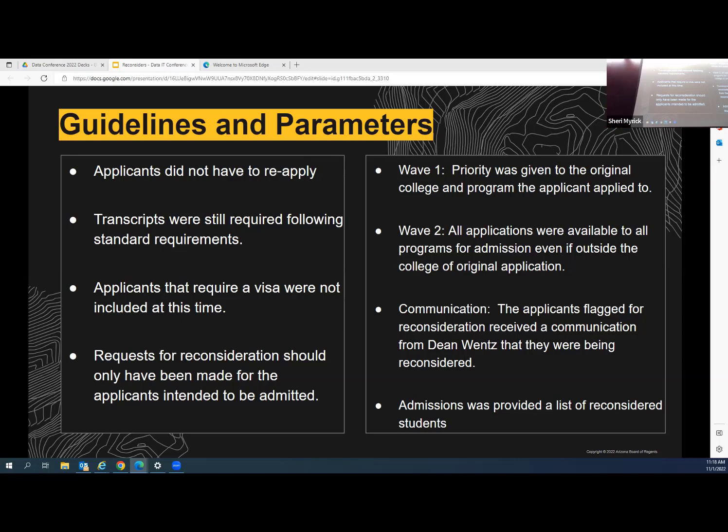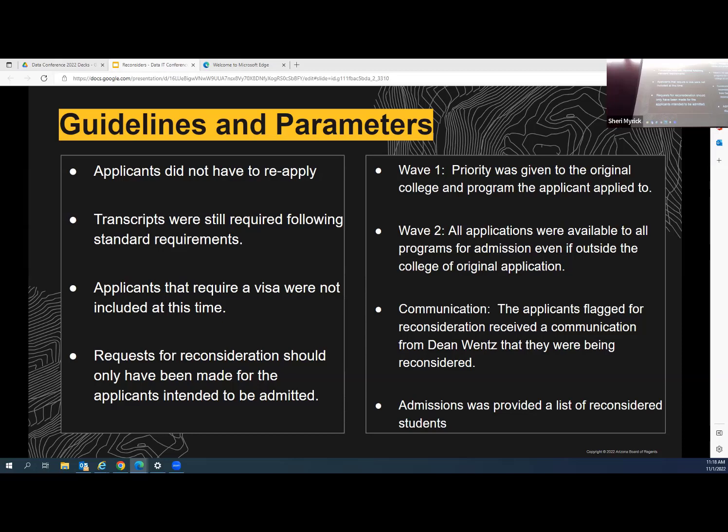And then we also were communicating to the applicants. We knew we all wanted that communication coming from the Dean once they were being reconsidered, because they had no clue this was going on, or they didn't even know it was a possibility that this could happen. So when we were building this, we realized there could be duplicates, because in wave 1, somebody could have claimed them.